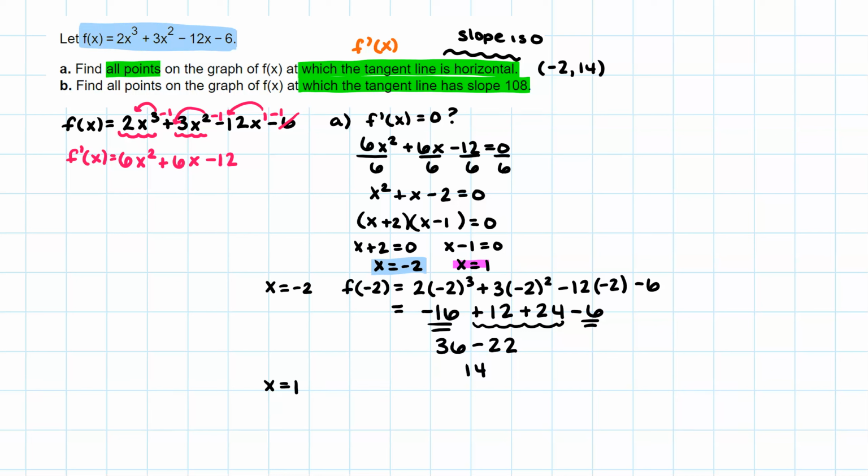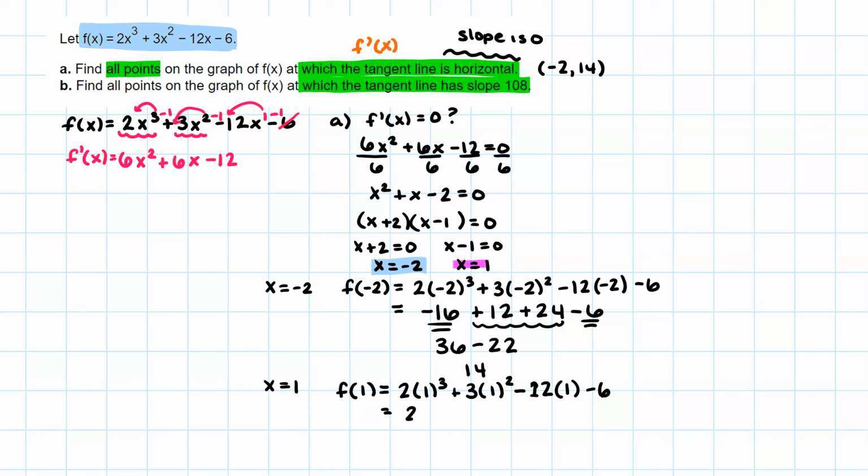So x equals 1, we're going to go back to the original. F of 1 equals 2 times 1 cubed plus 3 times 1 squared minus 12 times 1 minus 6.